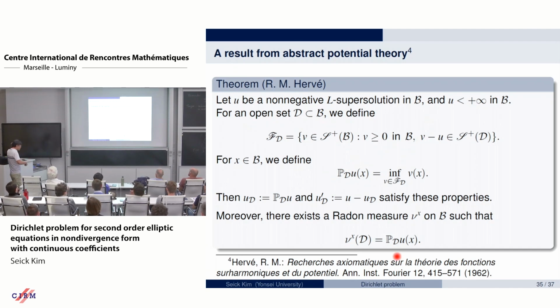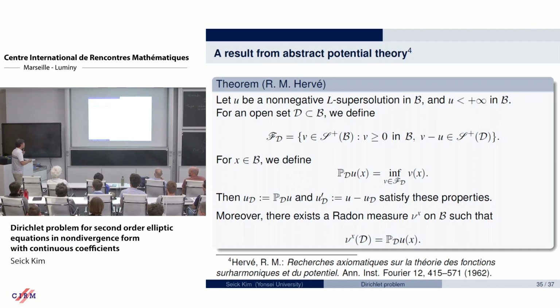Actually, this is written in French. It's a very long paper, and I was intimidated to read it, but I was looking for something like this in the paper. My French is limited, but with the help of ChatGPT, I could locate this specific thing.